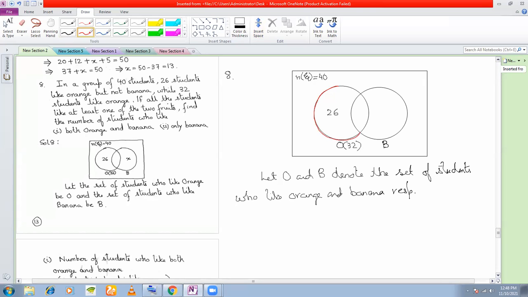They like only oranges and not banana. So 26 is only this part of the circle, whereas 32 is the entire circle O, right? So therefore, what will be this part here? Those who like both the fruits: 32 minus 26, right? So this part is going to be 32 minus 26, which is equal to 6.